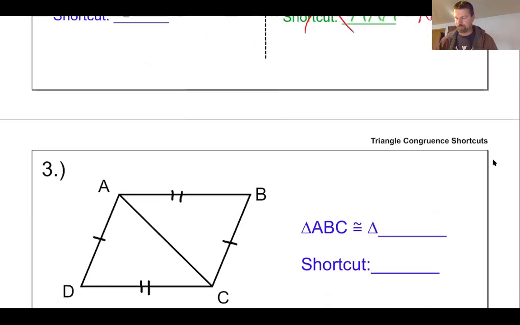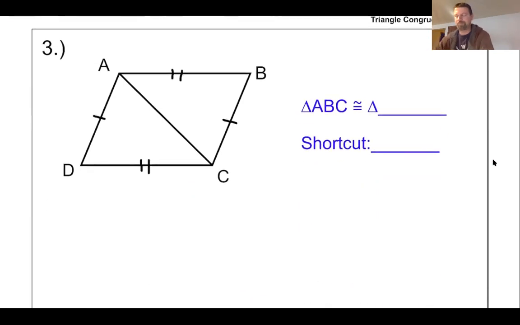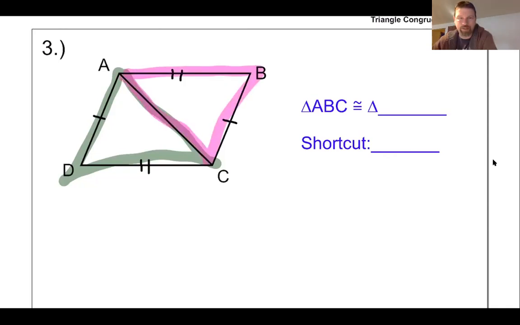All right. Let's try another one. I've got two triangles here. That one right there. That one right there. Can you say they're congruent?